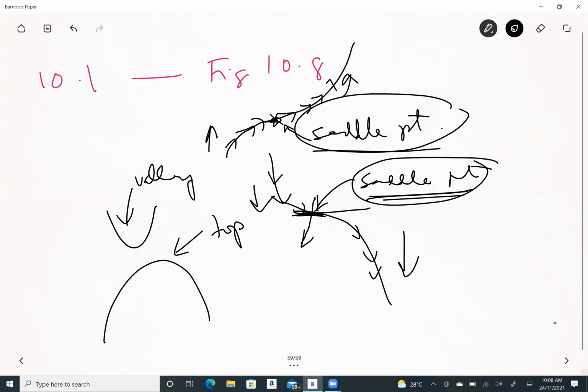So we go now to look at application of the second derivative test. The application here is 10.3. So look, we go to 10.3, the application. Okay, let's look at application.